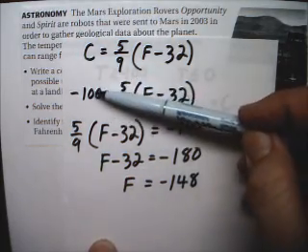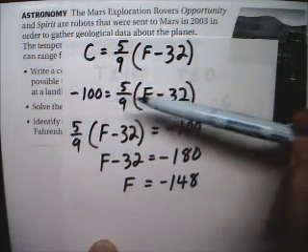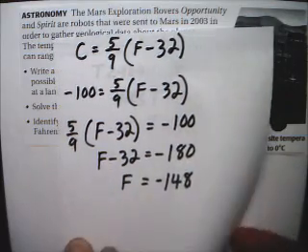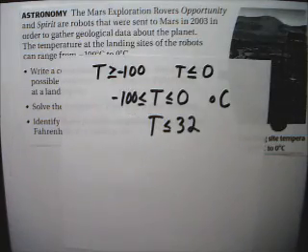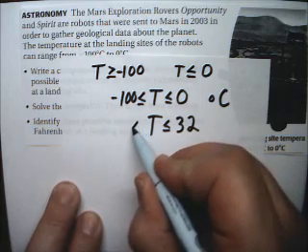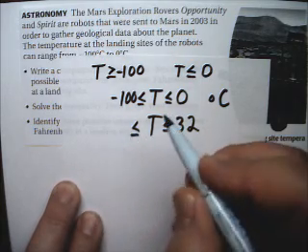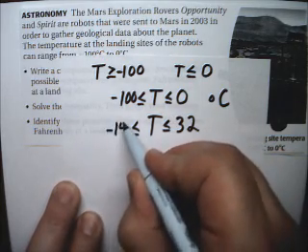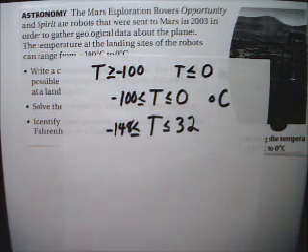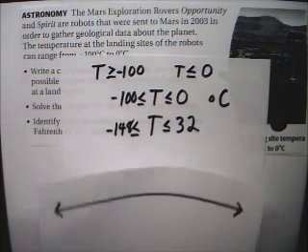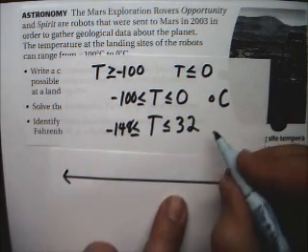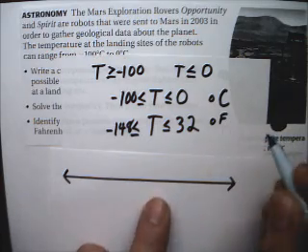So I've figured out that negative 100 in degrees Celsius is the same thing as negative 148 in degrees Fahrenheit. And that's my solution, and this is in degrees Fahrenheit.